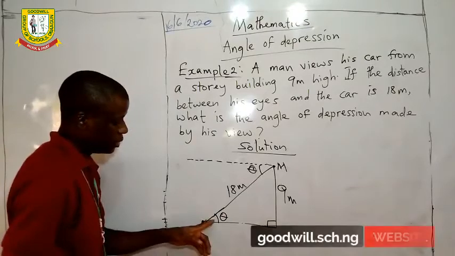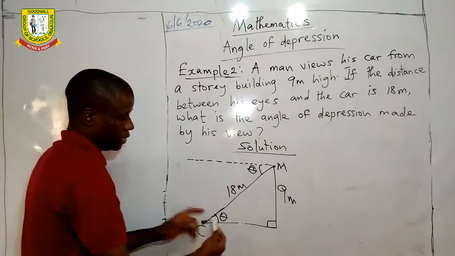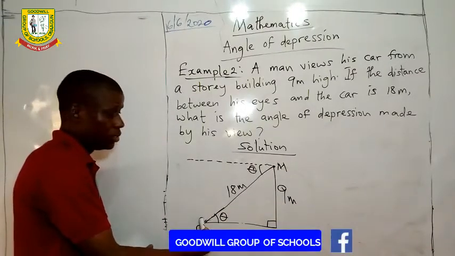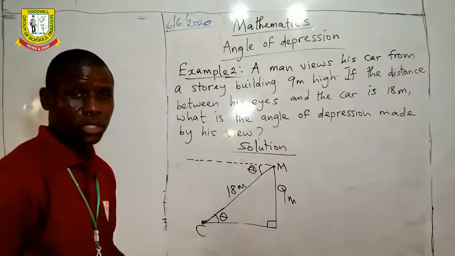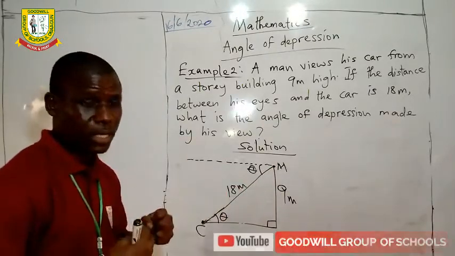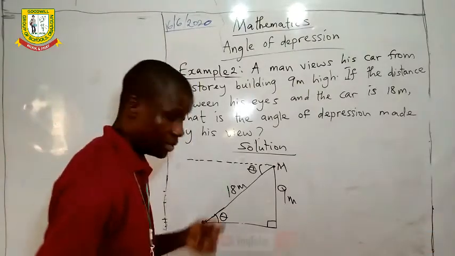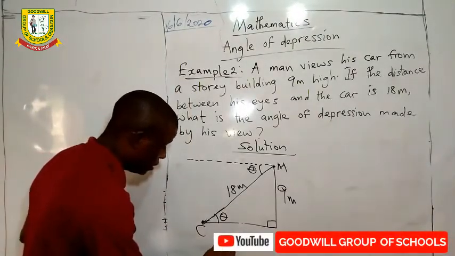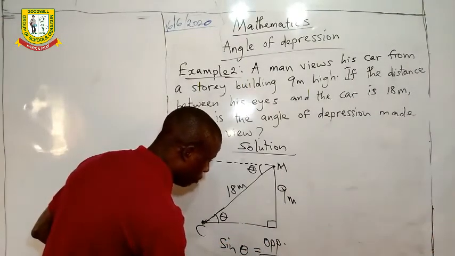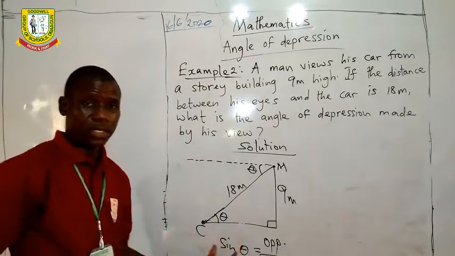So we have the given angle, this side is opposite, and this side also given is the longest side, which is the hypotenuse. We are looking for the trigonometric ratio that carries opposite and hypotenuse alongside the given angle, and of course that should be the sine. So sine theta is always given as opposite over hypotenuse, and in this case it is that angle theta we are looking for.